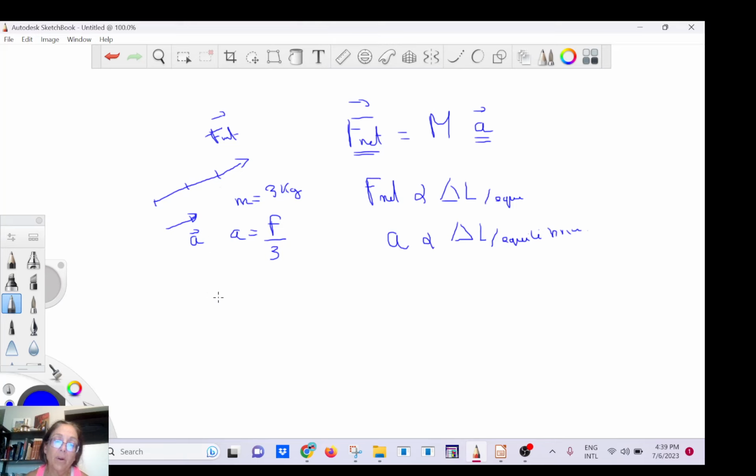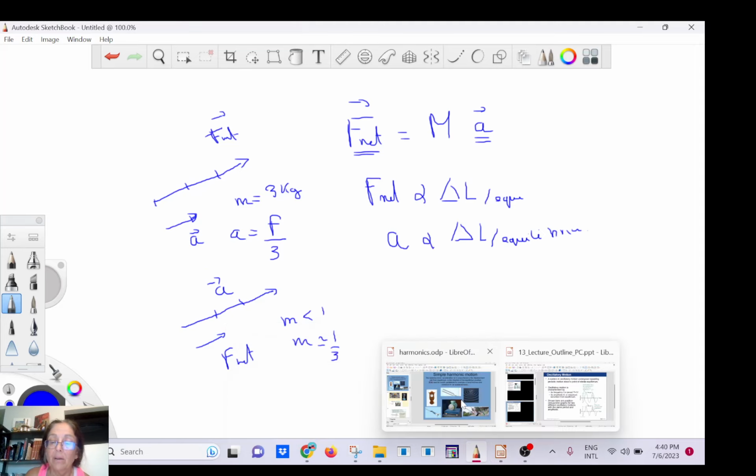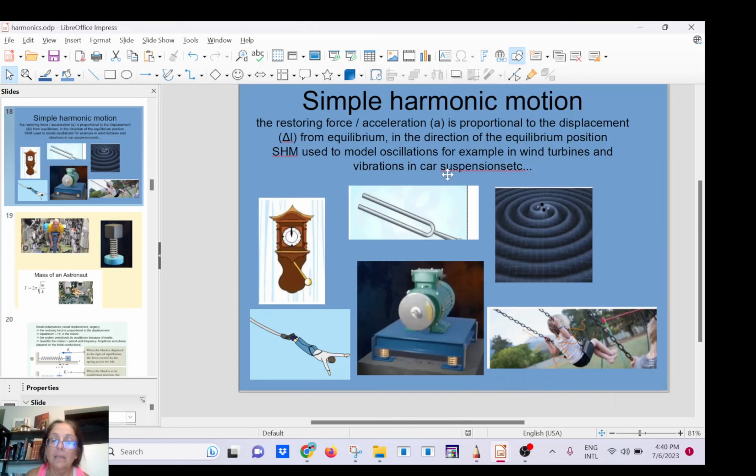Of course, you can have the opposite. That means you can have a larger acceleration here, if the mass is smaller than 1, for example 1/3. So then, of course, the acceleration will have 3 times the magnitude. But that's the idea.